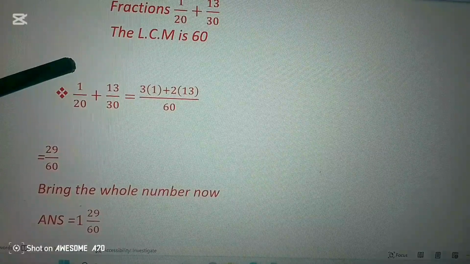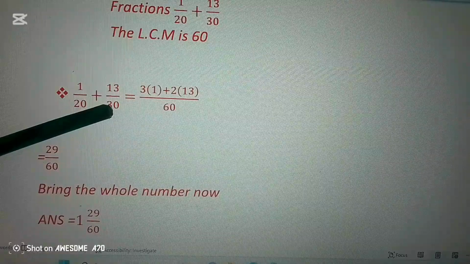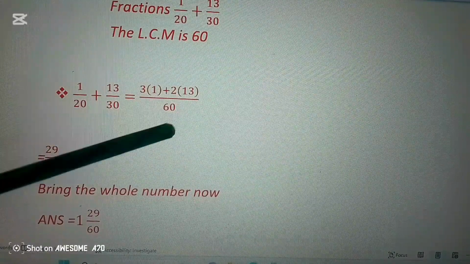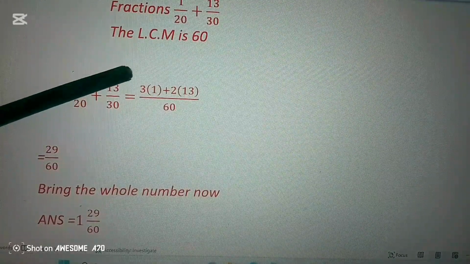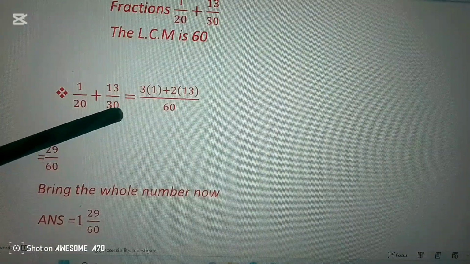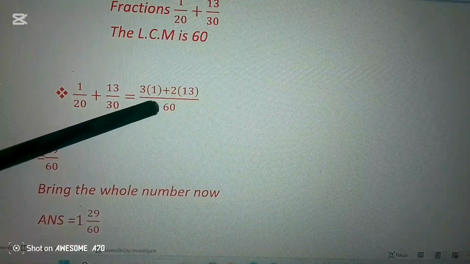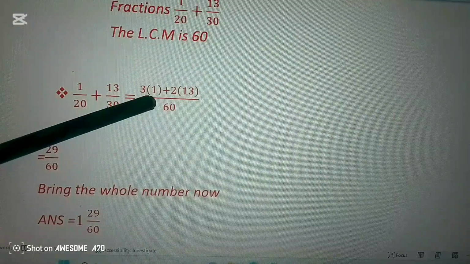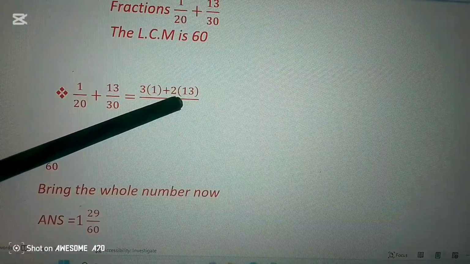Then 3 times 1 is 3. Then 60 divided by 30 is 2, and 2 times 13 is 26.